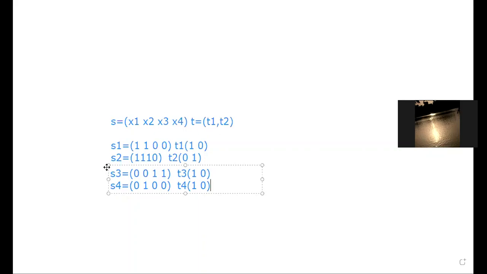So initially you are assuming your weights to 0. You are initializing your weights to 0. Find the outer product for each input.